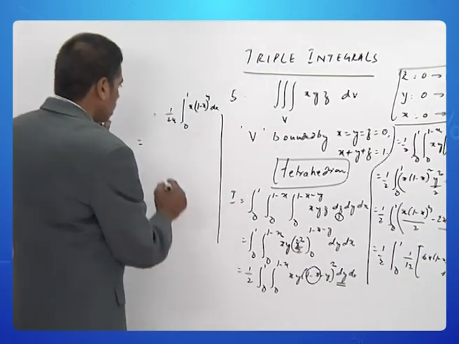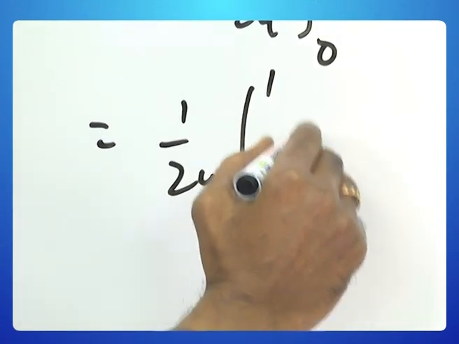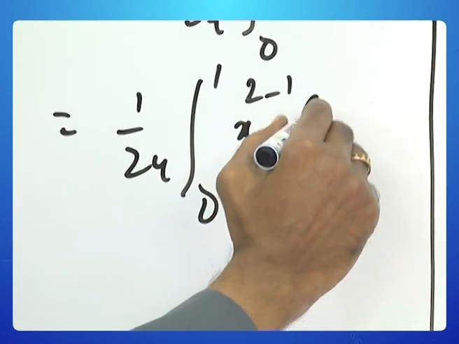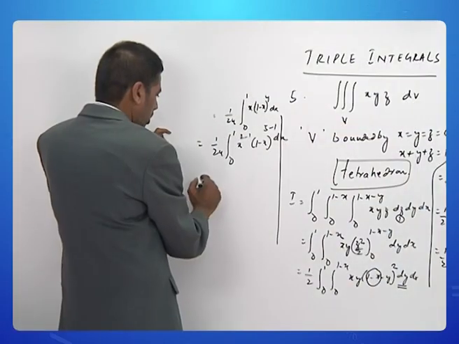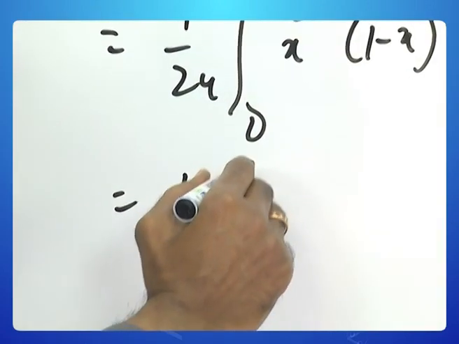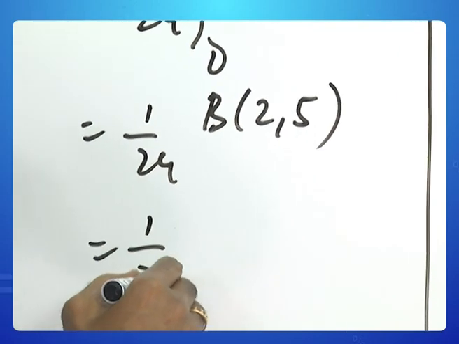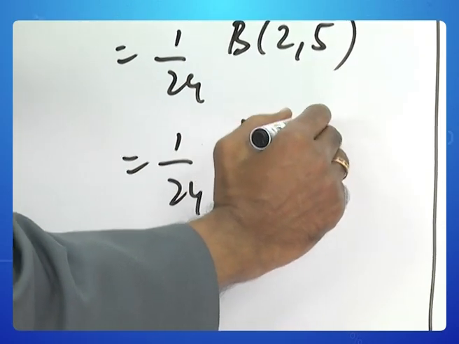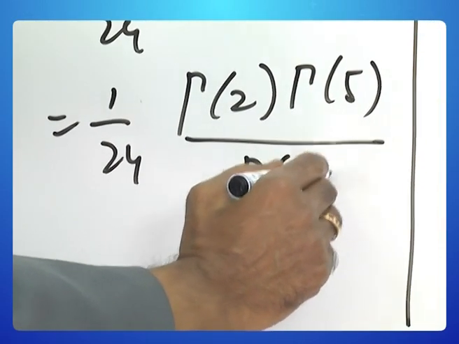So what I do is, I will write this as 1 by 24, integral from 0 to 1, x to the power of 2 minus 1, (1 minus x) to the power of 5 minus 1 dx. So this is 1 by 24 times beta 2 comma 5, which I will convert into gamma functions: gamma 2 into gamma 5 by gamma 7.